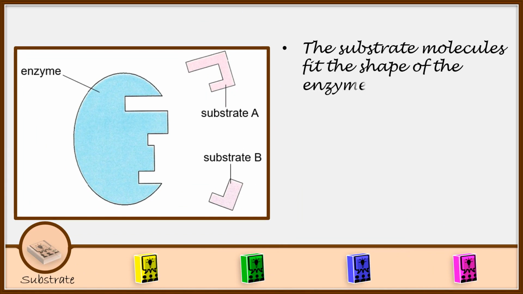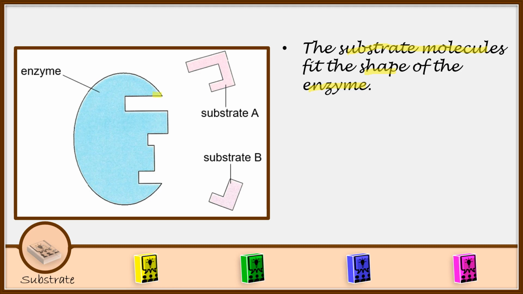Let us look at how the enzyme is working. Now, the substrate molecule will fit in the shape of the enzyme. So we have here our enzyme, and it has got the active site.